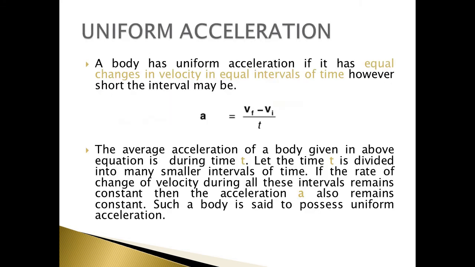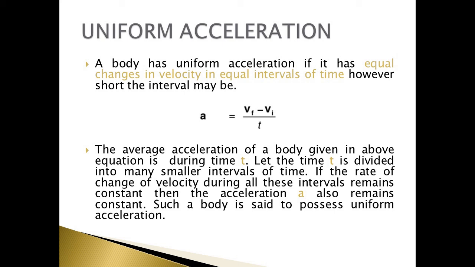Uniform acceleration. A body has uniform acceleration if it has equal changes in velocity in equal interval of time, however short the interval may be. a is equal to Vf, which is final velocity, minus Vi, which is initial velocity, over time t.